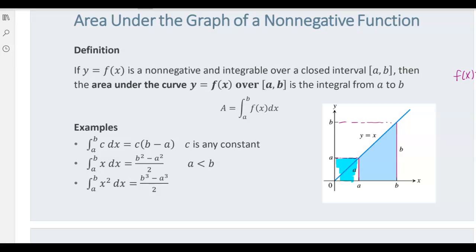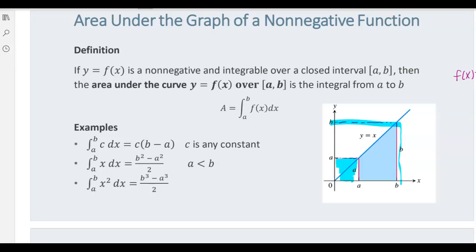But because I'm looking at the area under the curve, I'm taking half of those. So if I take that larger b squared and I subtract off the a squared, and then I've got half because it's underneath the line y equals x, that's how we're getting this formula here, b squared minus a squared over 2.